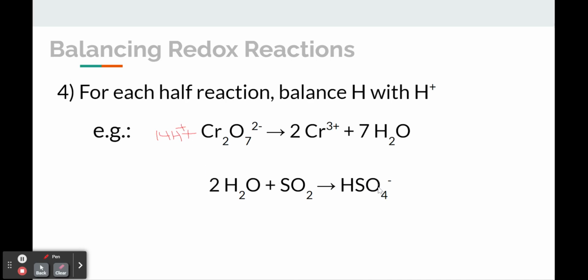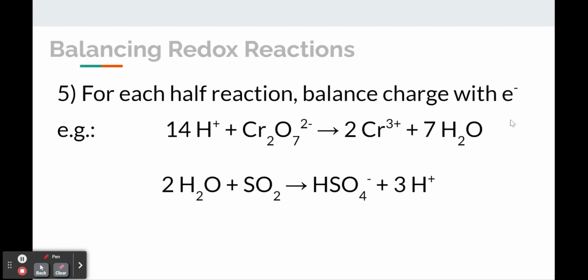On the bottom, I have 4 hydrogens in my 2 waters on the left. I have only 1 hydrogen on the right, so I'm going to have to add 3 H+ ions to bring this into balance. Okay, so now we balanced everything except for oxygen and hydrogen. Then we balance the oxygen with water. Then we balance the hydrogen with H+. So now everything is balanced except for charge.